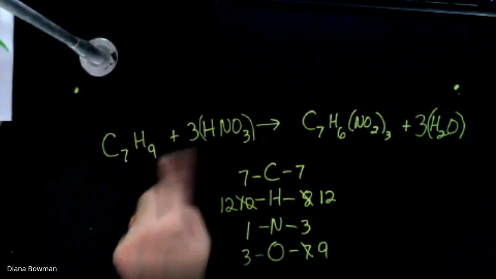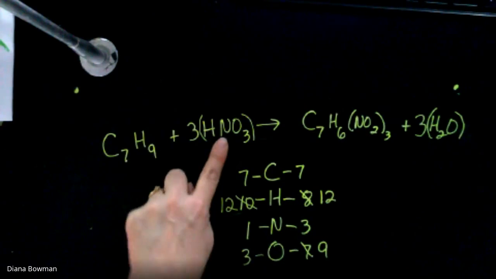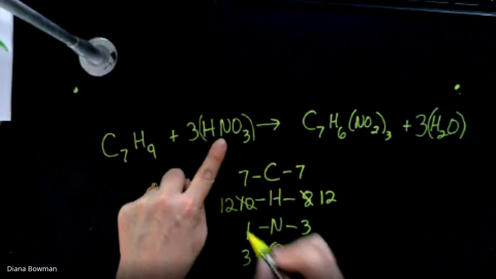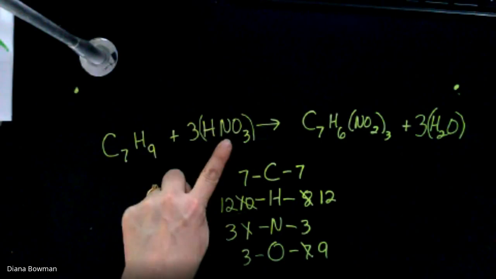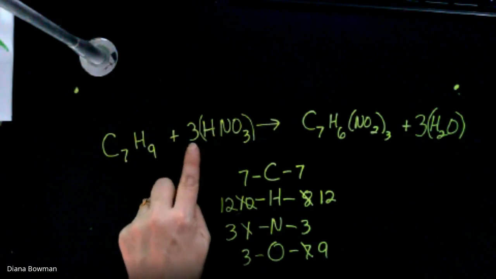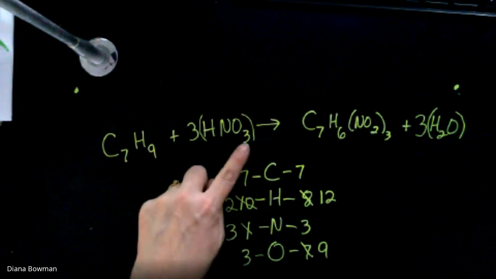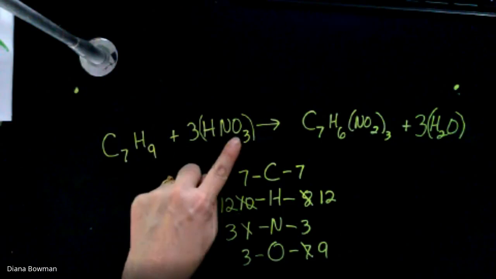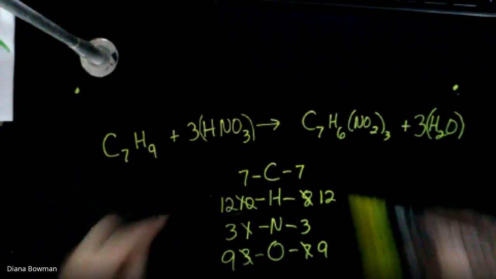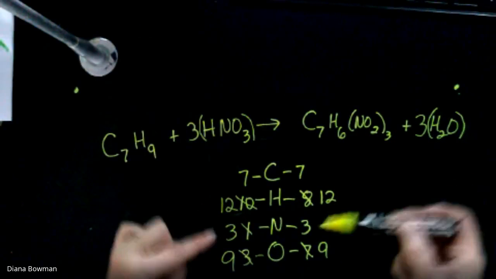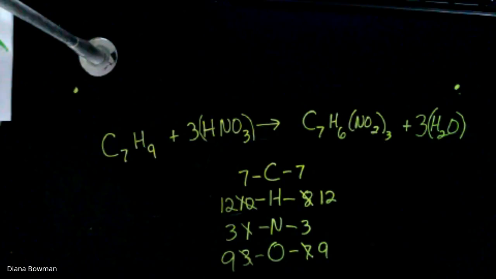Okay, so that gives me 12 hydrogens. How many nitrogens do I have now? 3, right? 3 times the nitrogens. And how many oxygens do I have here? That's going to be 3 times 3, which gives me how many? Gives me 9. Ha! Is it balanced? 7, 12, 3, 9. Done.